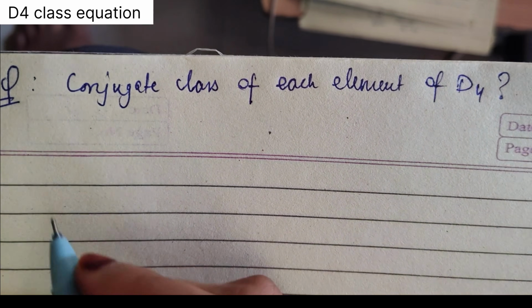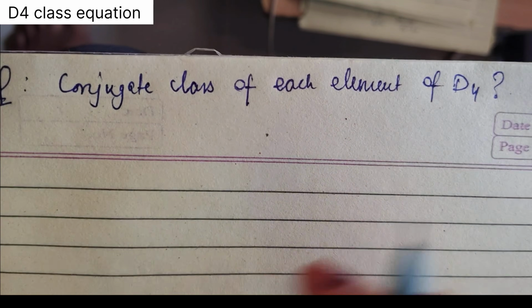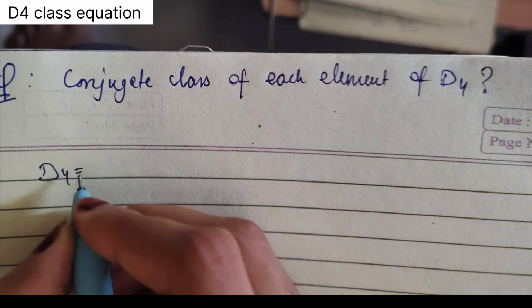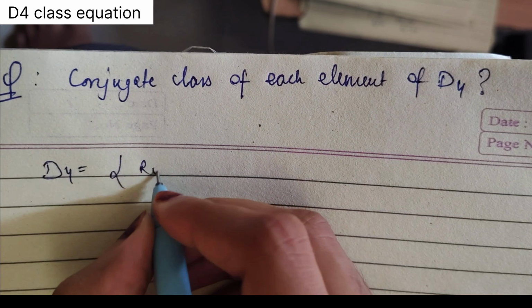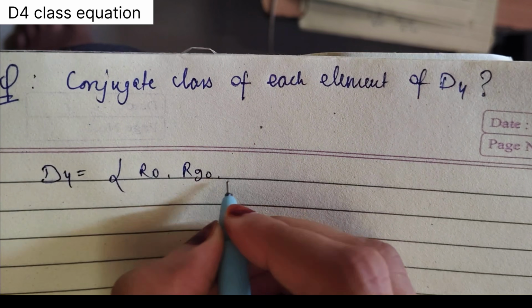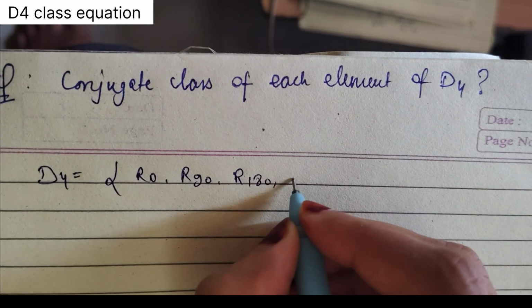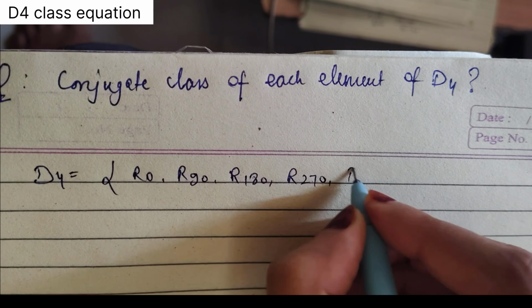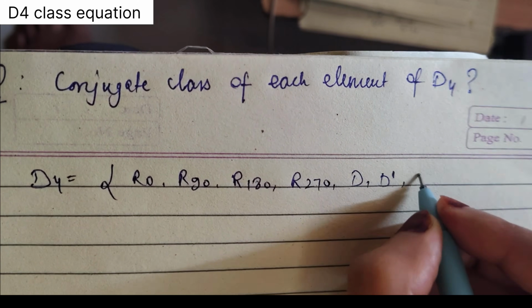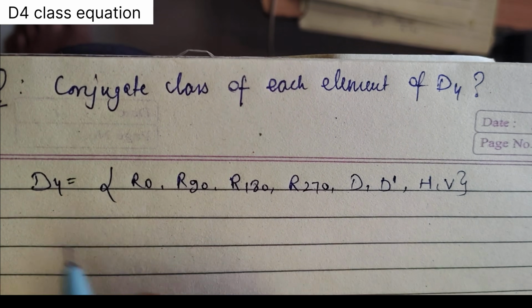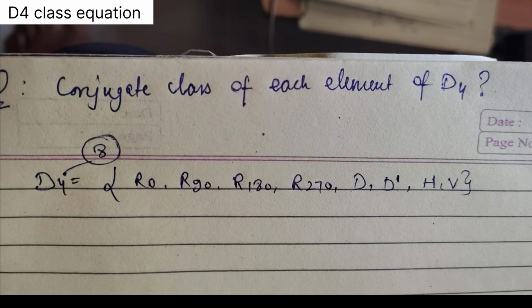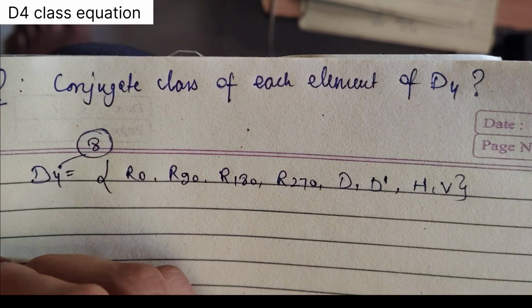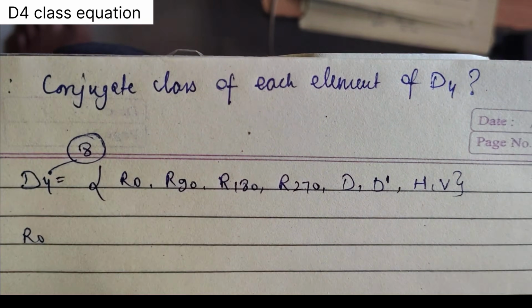So let's just find out the conjugate class of each element of D4. Okay, so let's write the D4 elements: R0, R90, R180, R270, D, D dash, H and V. So D4 consists of 8 elements. First, find the conjugate class of R0.